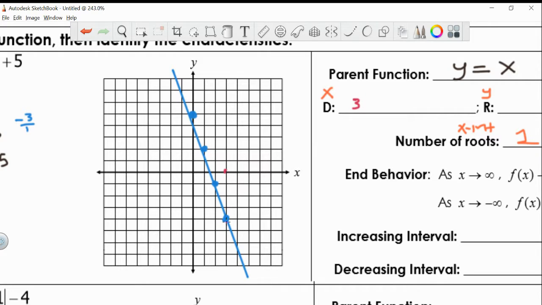Right there at 3, there's my graph. Is my graph at 4? Yeah, it's down a bit further, but my graph's somewhere at 4. Is my graph somewhere at 1? Yep, it's right here. Is my graph somewhere at 0? Yep, it's right here.